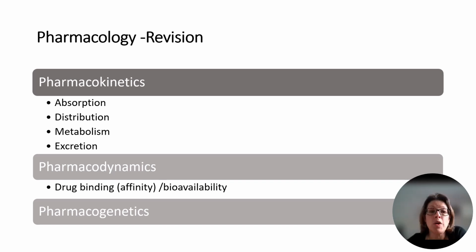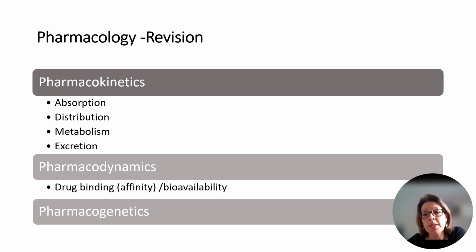With regards to the pharmacokinetics, I'm sure you're all familiar with the different stages of this, starting with absorption, which is the first stage, where medication enters the body and travels from the site of administration into the body circulation.